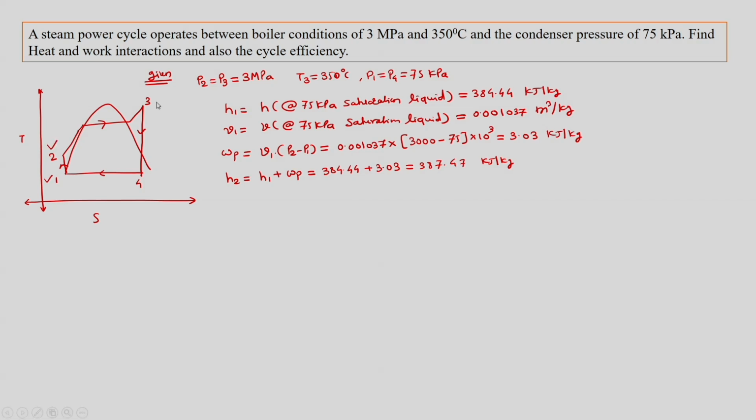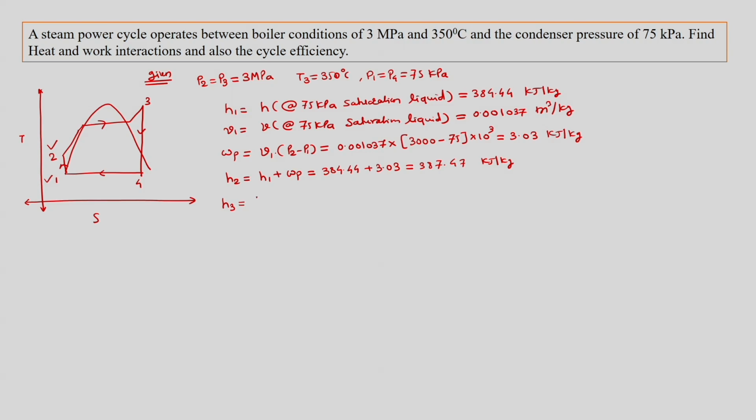So now we need to find out state 3. So we will go to H3, and obviously as expected we will first see what is the saturation temperature corresponding to 3 megapascal, and it would turn out that our given temperature 350 degrees Celsius is more than that.